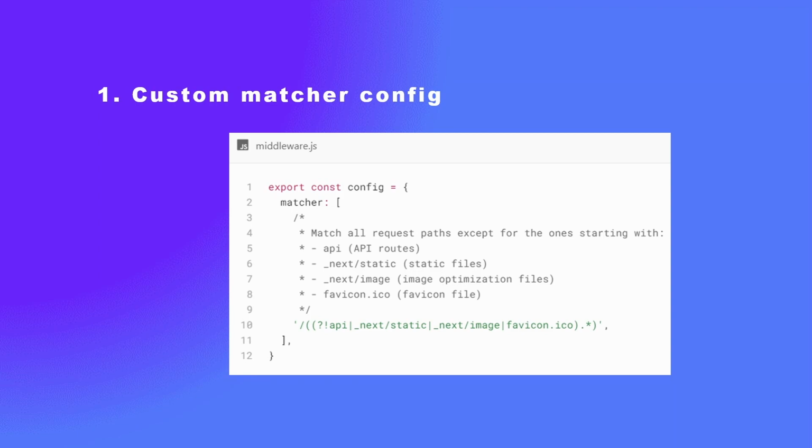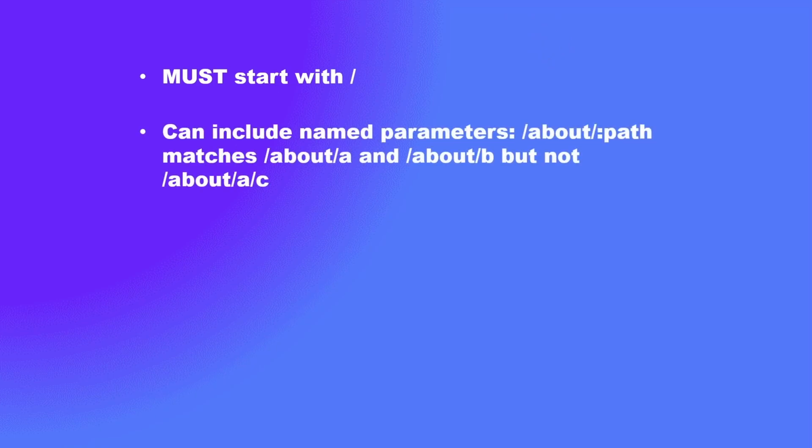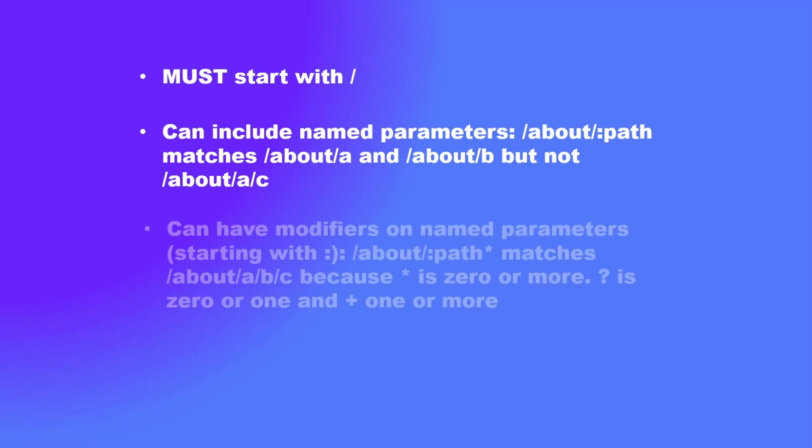Next, let's see the rules in the custom match configuration. It always starts with a slash and it should include a path for dynamic values, but this path alone will define only one value. If you want more than one value, you have to use modifiers.